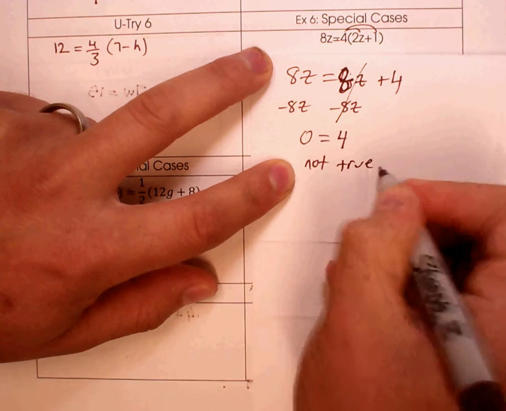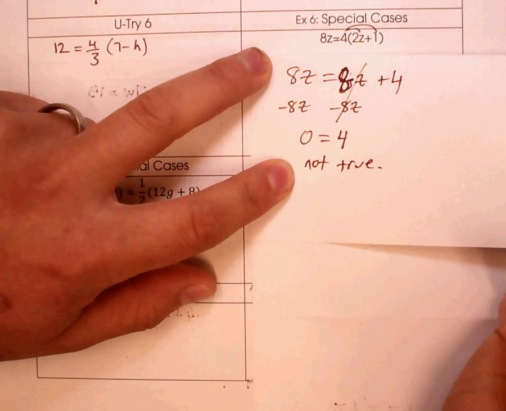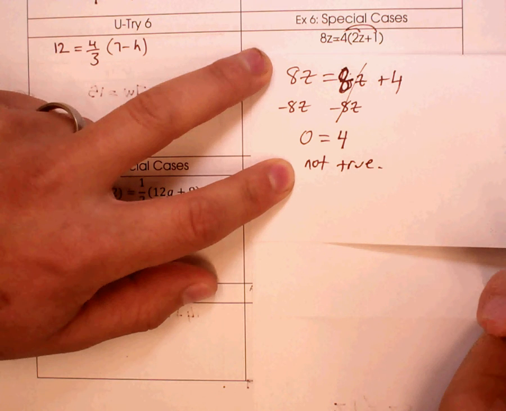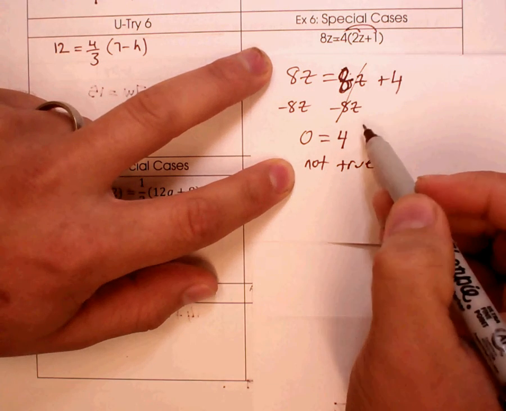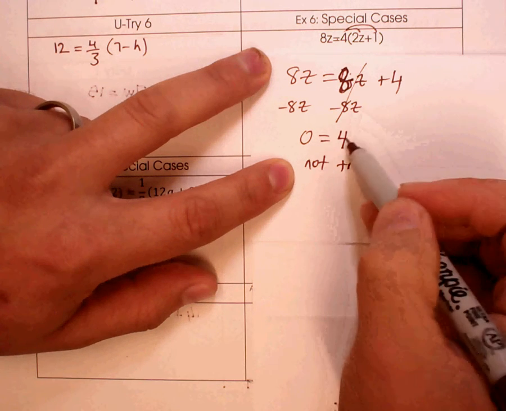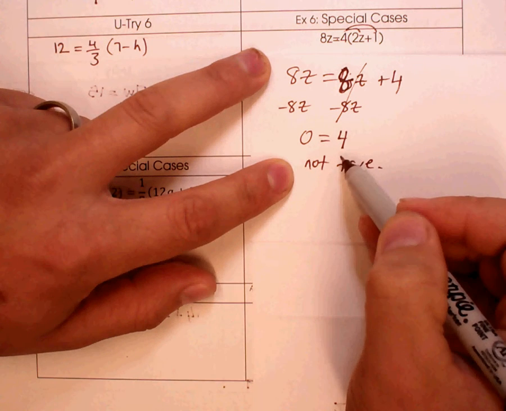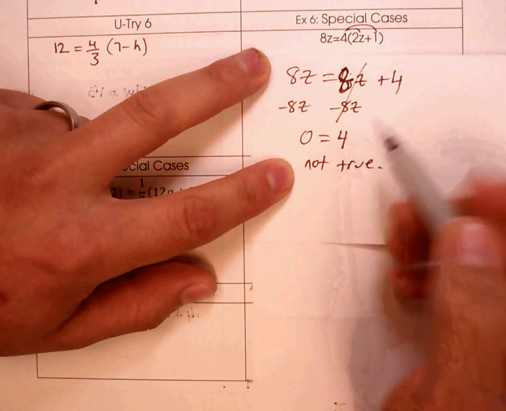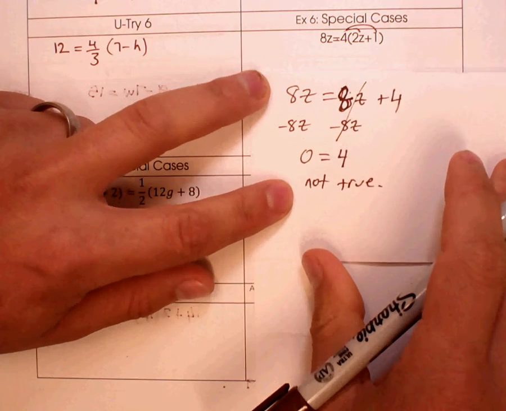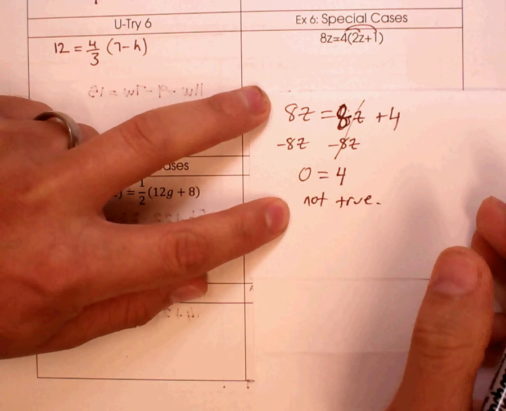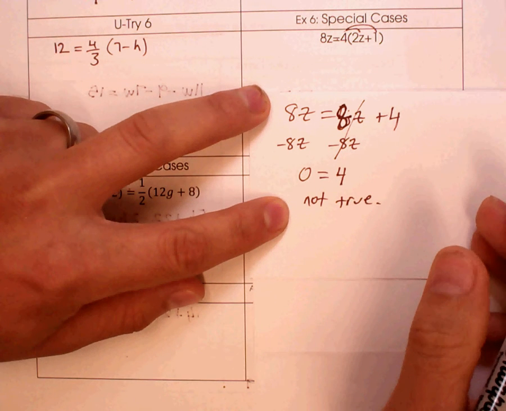And we also do not have any variables to say that this was a solution. Because there were no variables and the equation at the end gave us a not true statement, this will be giving us not true statements for any value we can think of for the z.